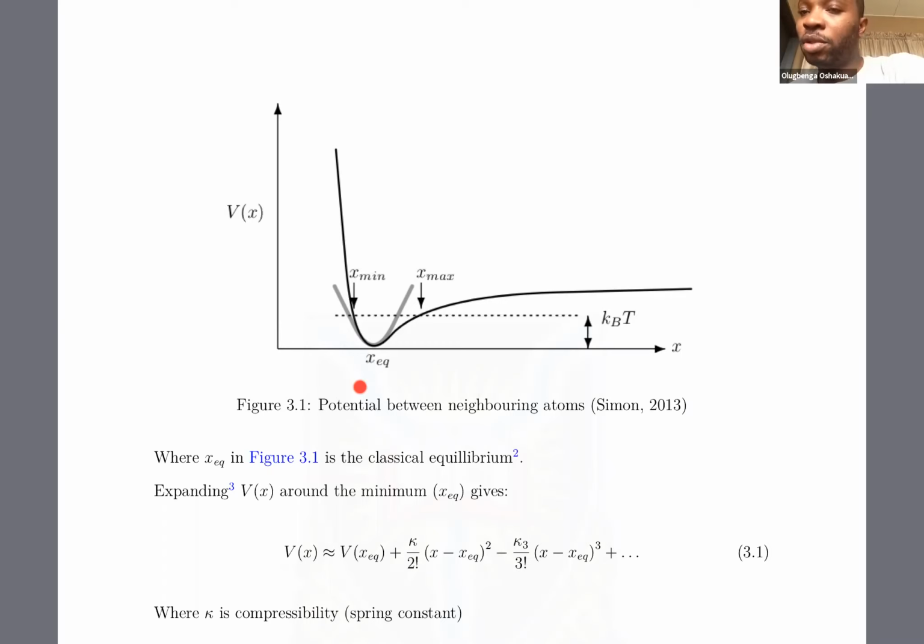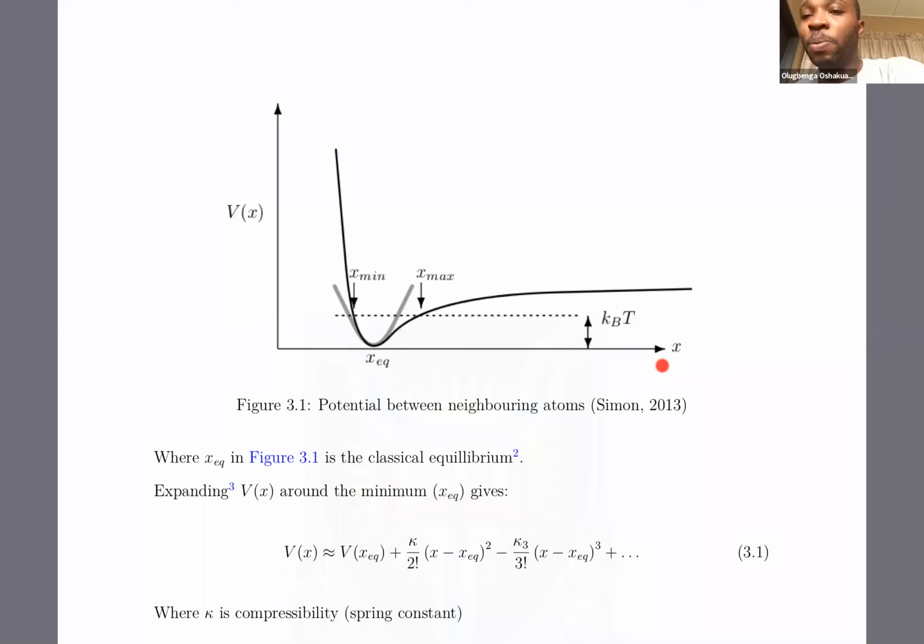Another thing you would also notice is that because we are working in one dimension, it's easy to just talk about two atoms coming together in a straight line and ignoring whether the atom has some other neighboring atoms on top or below or in front or at the back. For one dimension, we are only concerned about what is happening on the right and on the left.